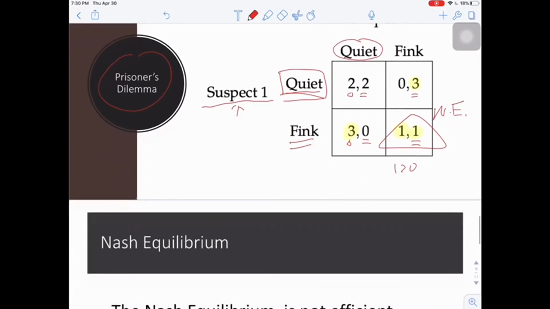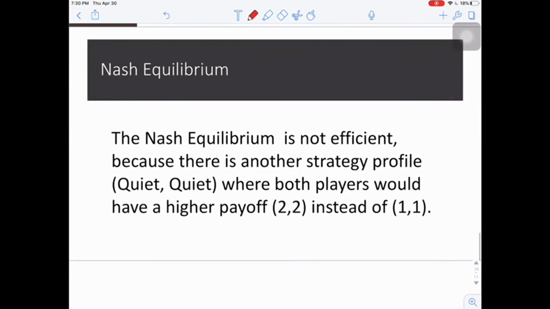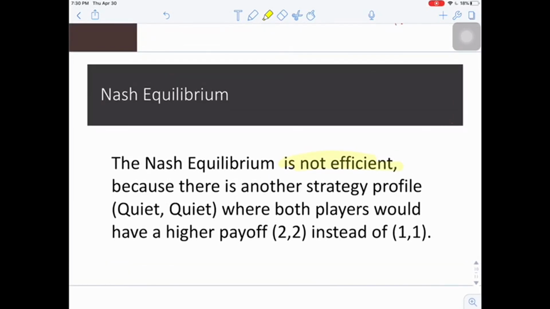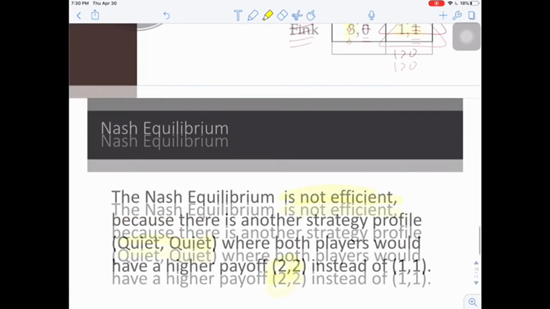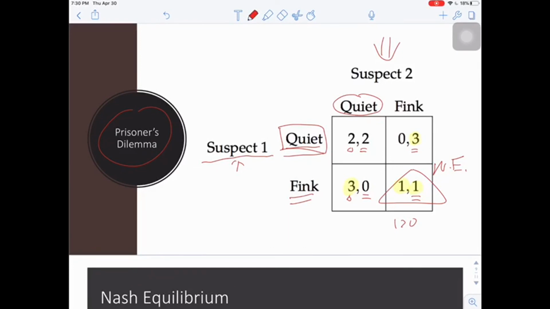However, interestingly, the Nash equilibrium is not sufficient in our case because there is another strategy profile, both quiet, where both players would have a higher payoff of 2-2 instead of 1-1. So optimally, both players should choose quiet because they can really maximize their payoff in this case.